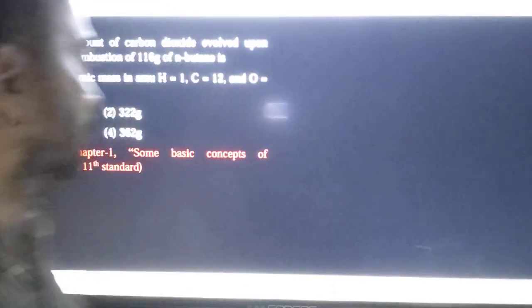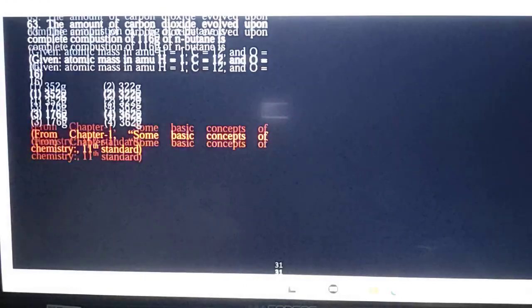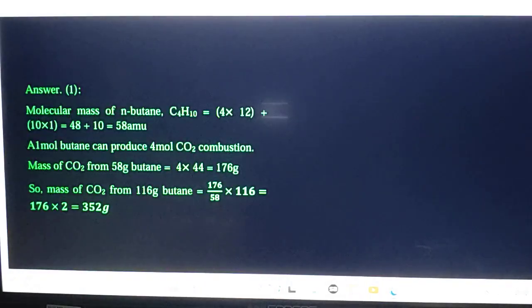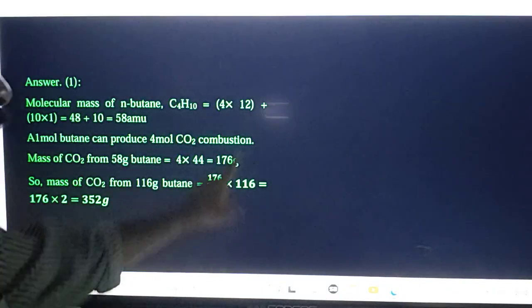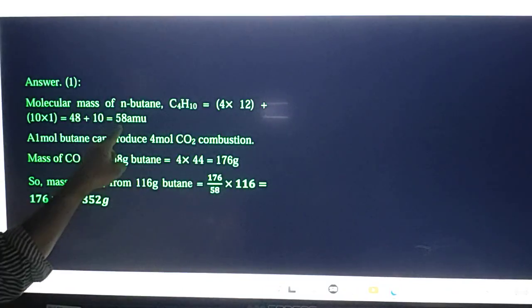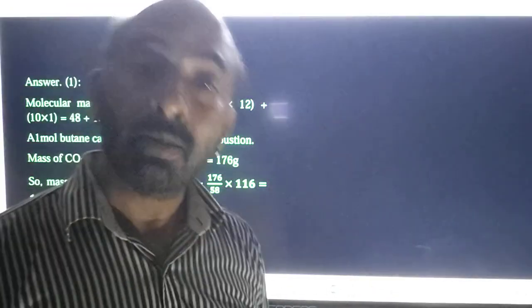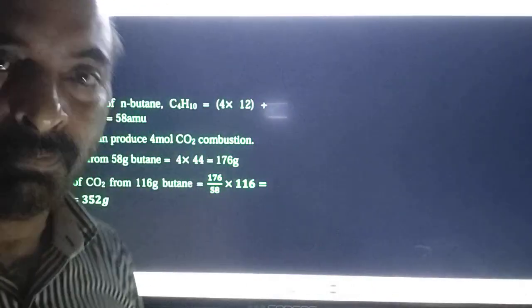So, from 58 gram, how much carbon dioxide do you get? 4 into 44, 176 gram. From 58 gram, 176 gram carbon dioxide will be generated. Very simple.